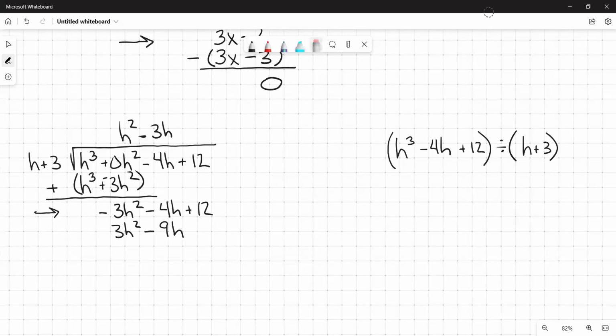That parenthesis doesn't go there. It goes here. We're subtracting. So the 3h squareds cancel, and we got negative 4h plus positive 9h. So we get a 5h plus 12.